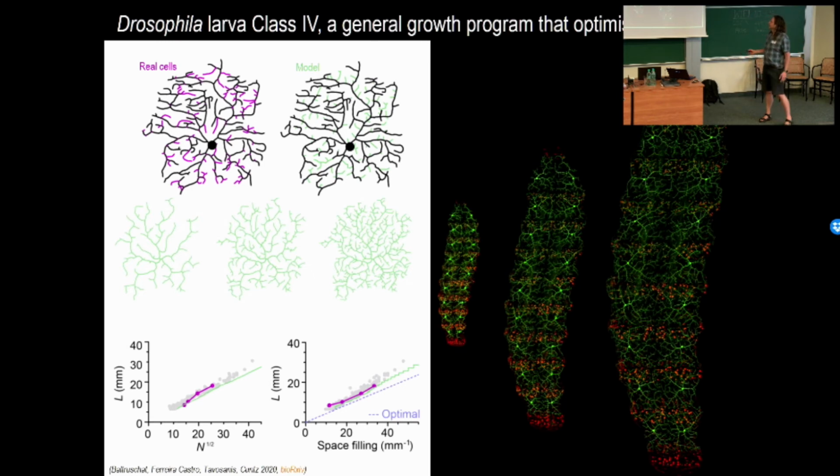Yeah. And when we reproduce this exactly in the model with a bit of noise, so this has to be calibrated, then we are able to reproduce the scaling behavior that we know from the real cells using this one iteration of growth, and we're able to grow, of course, dendrites de novo.